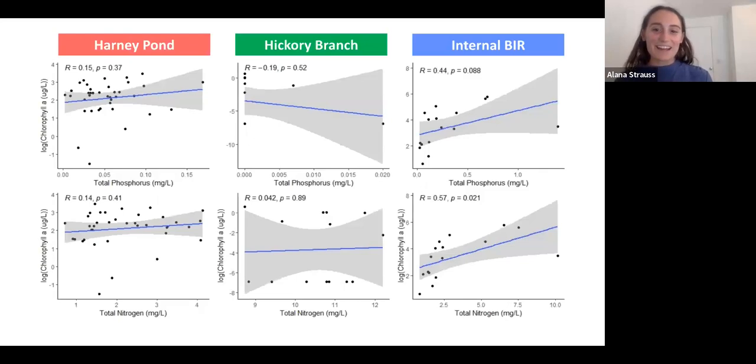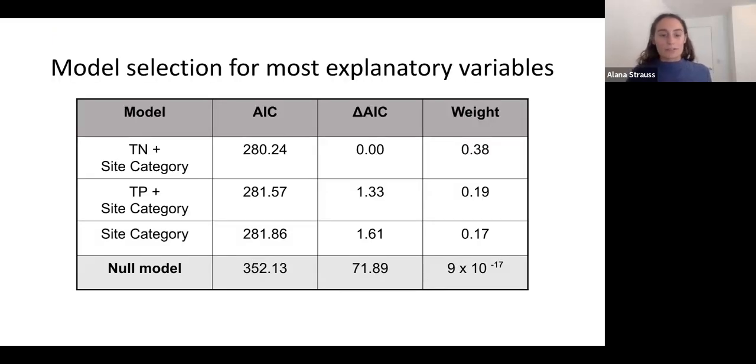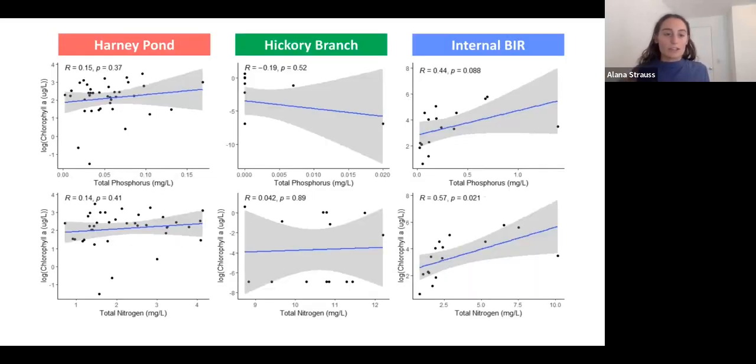Okay, then I split everything up by site because that's what the analysis said was the most explanatory variable. I split everything up by site and looked at total phosphorus and total nitrogen by site. Here, nothing is as significant as it was before, but you can see that the axes, the x-axes specifically, are very different.